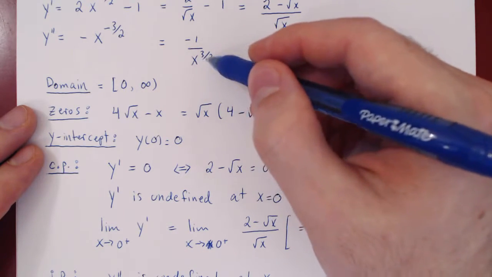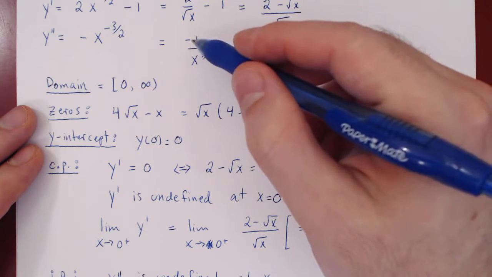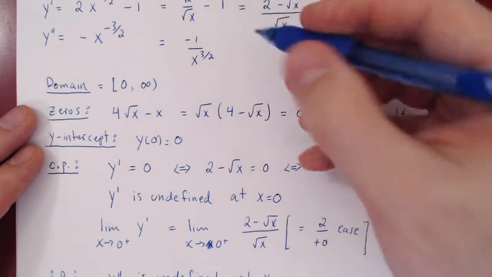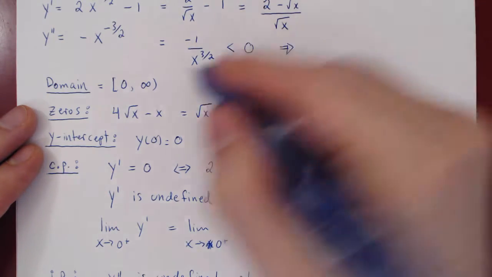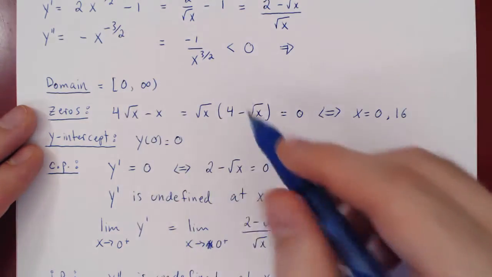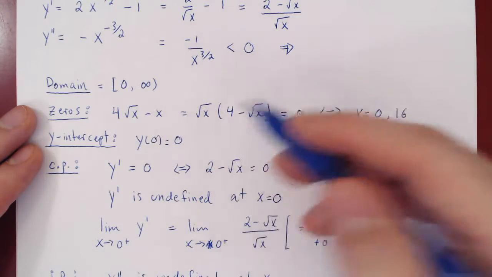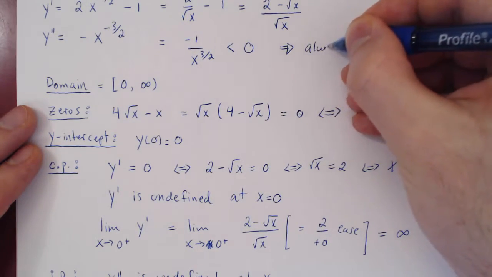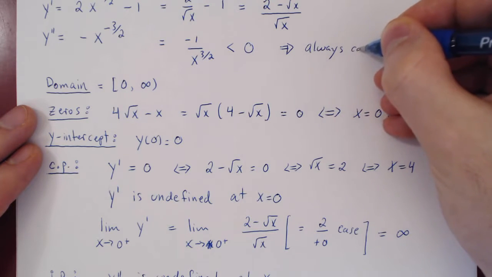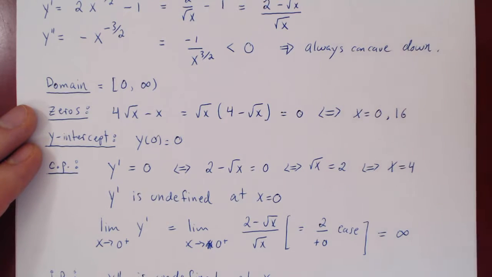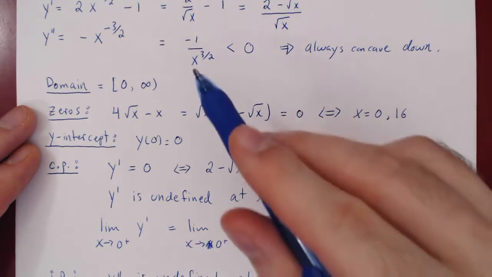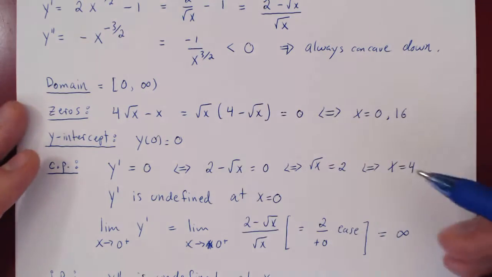So as long as x is positive, this number is positive, but the numerator is negative, so our second derivative will always be negative for any given value of x that is bigger than 0. So the curve will always be concave down. So we know we will have no inflection point. Concavity will never change because it will always be negative, therefore always concave down.